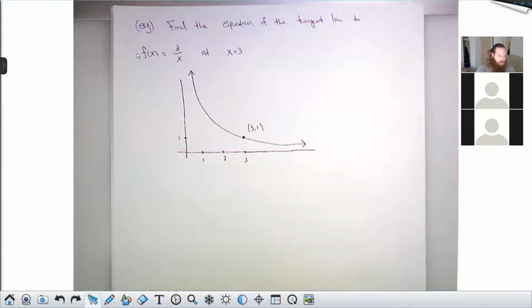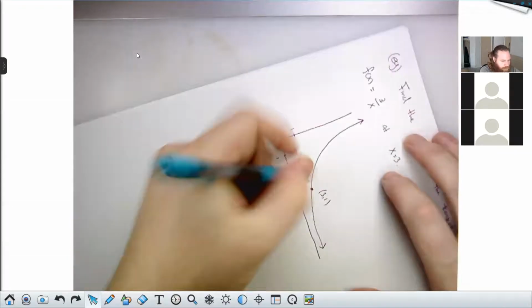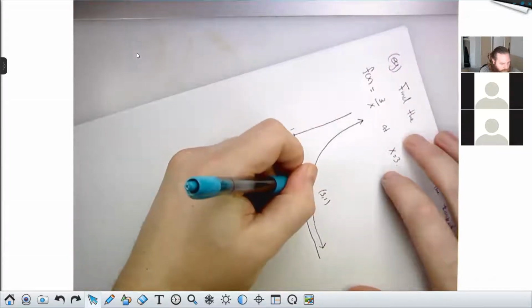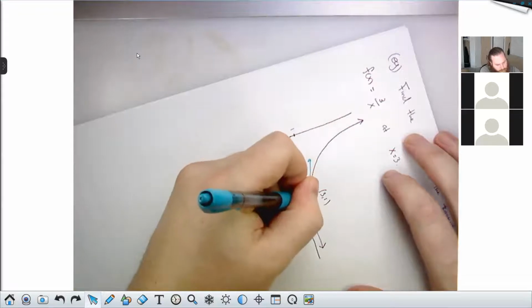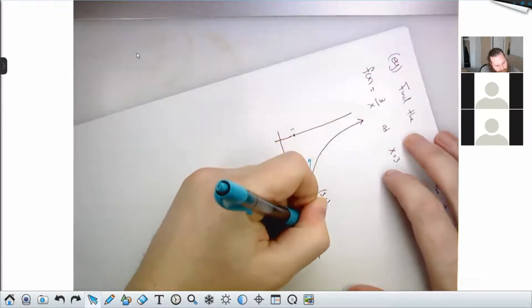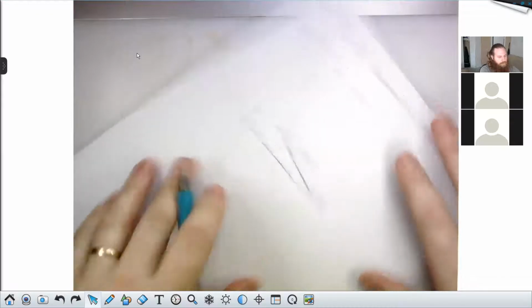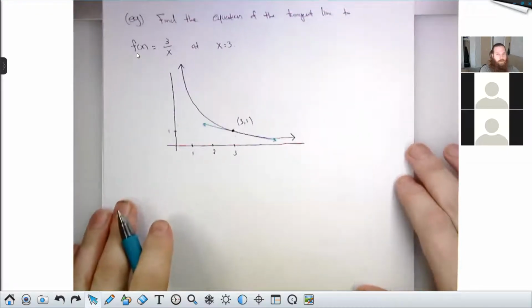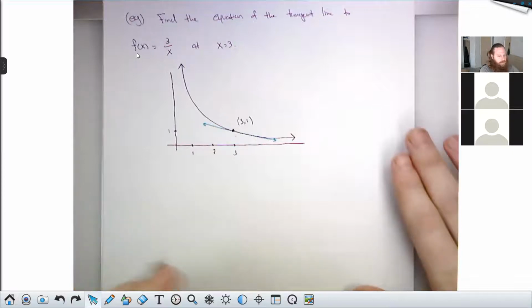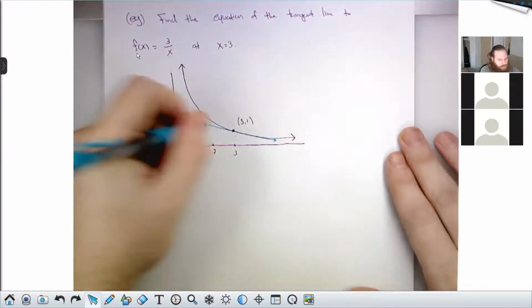I want to find the equation of the tangent line. I don't know what that is, but I do know kind of what it should look like. I know it should kind of look like this. So that's my goal, is to find the equation of that blue tangent line.